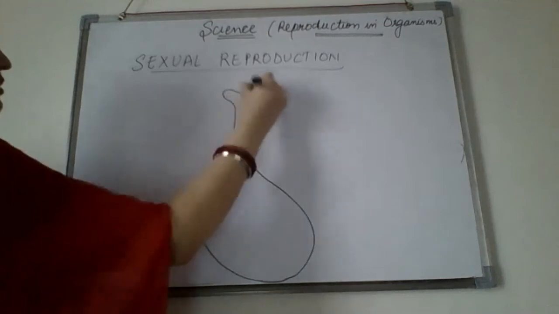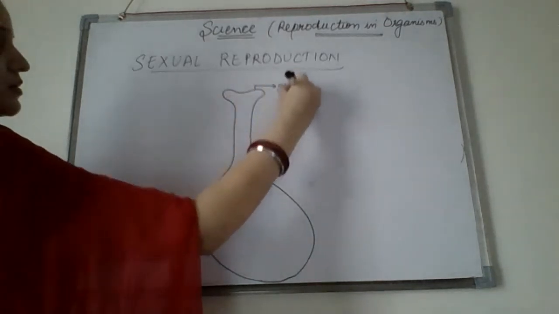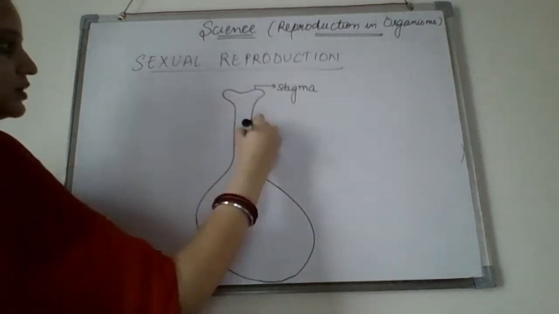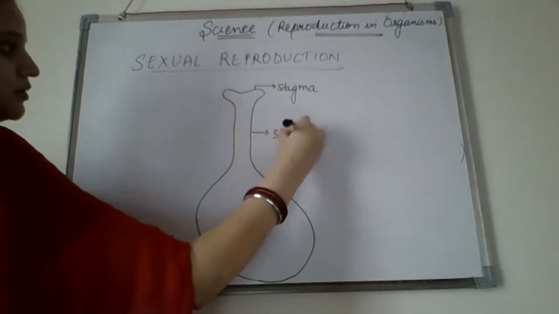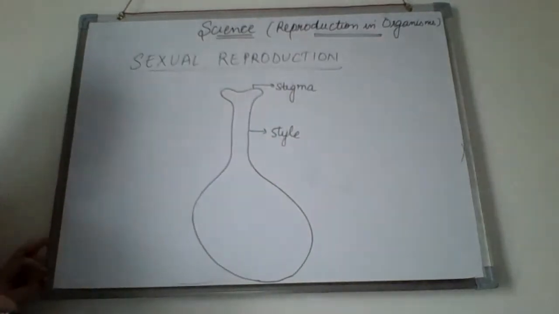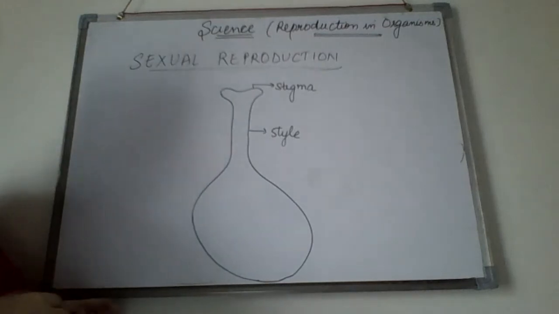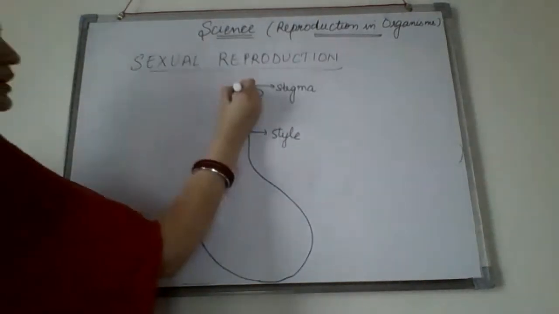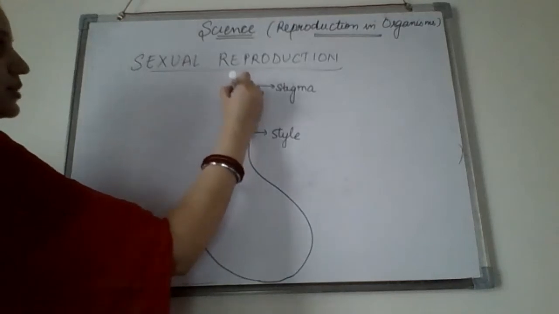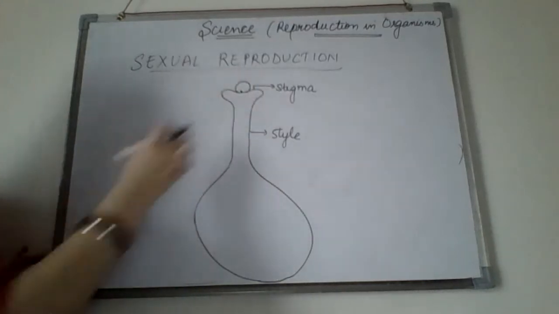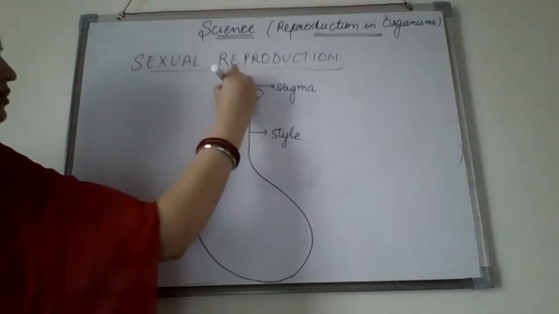For the pistil, this is the stigma, this is the style. Now, what we have discussed is that firstly the pollination process will take place. In pollination, the pollen grains will be transferred from the anther to the stigma. So let us assume that pollination has taken place and we get the pollen grains right here on the stigma.